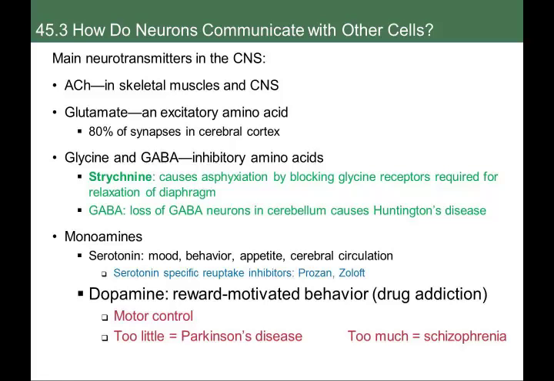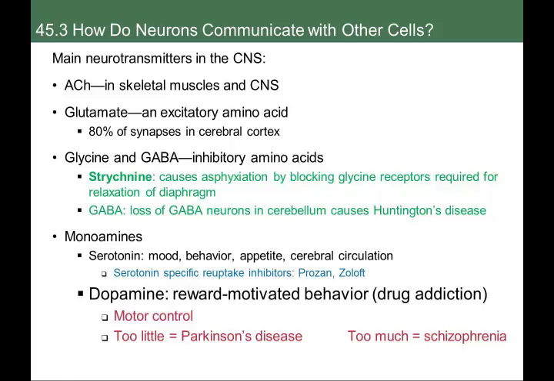Serotonin is very important because drugs you may have heard of, pharmacological agents such as Prozac and Zoloft, make people feel better because they shut down the reuptake process. And so we're talking about acetylcholinesterase that breaks down the neurotransmitter.